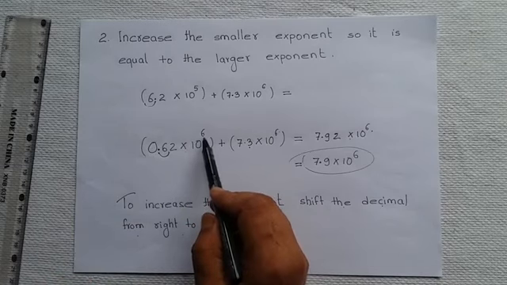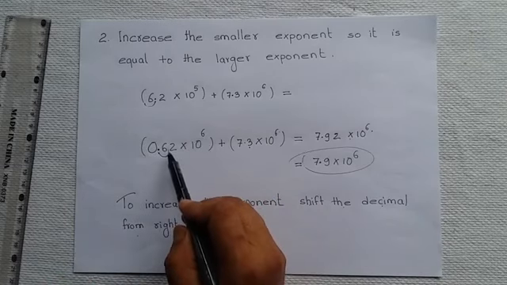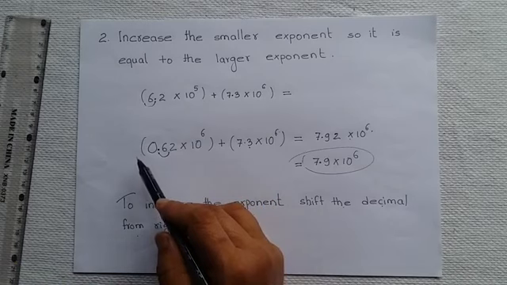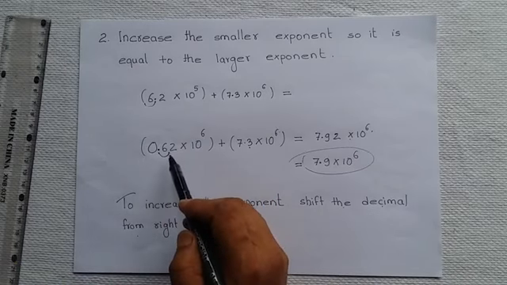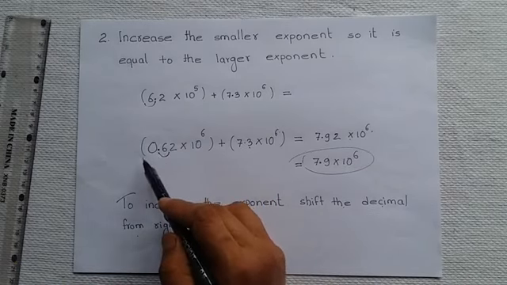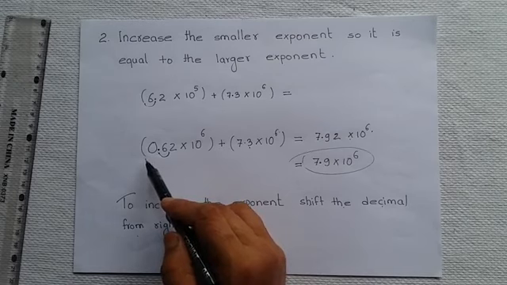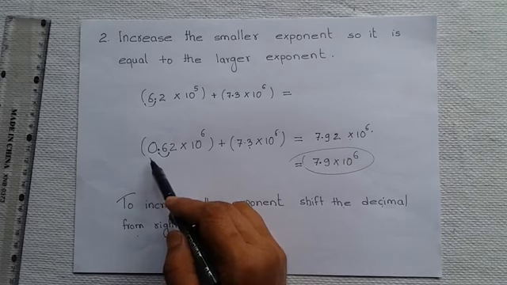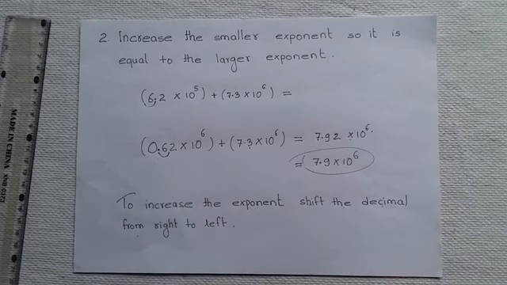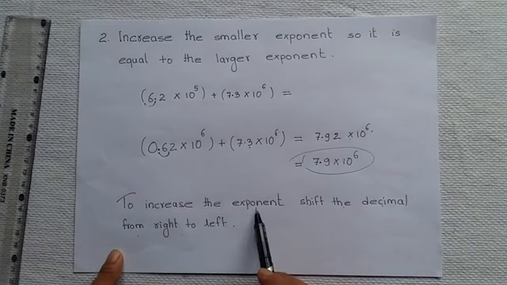If I move it 2 steps towards the left, it will increase by 2. If I move it 3 steps towards the left, it will increase by 3. In the same way we can go on increasing the exponent by shifting the decimal point from right to left. To increase the exponent, shift the decimal from right to left.